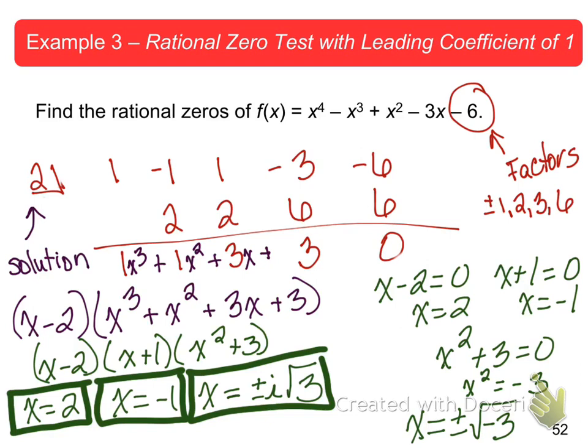Okay? Real numbers cross the x-axis, complex numbers do not. So I've got 2 and negative 1. So I'm crossing here at negative 1, and I'm crossing here at 2.